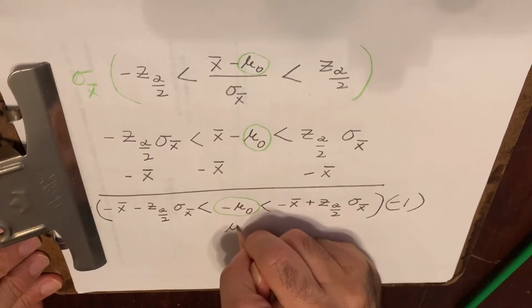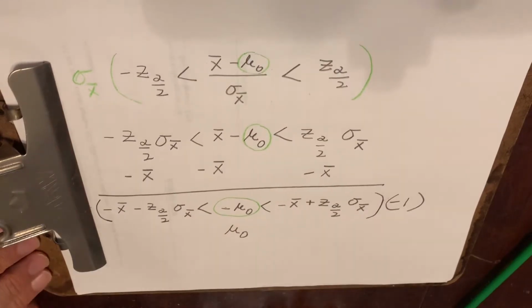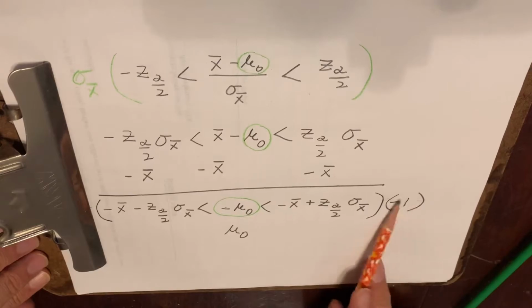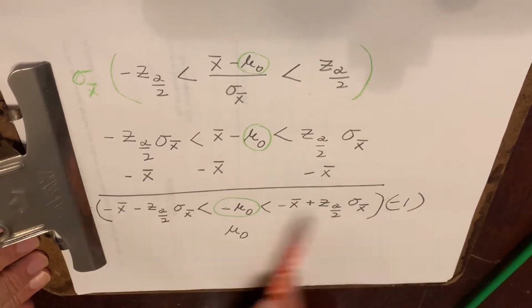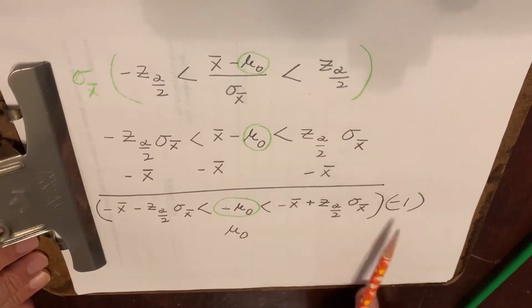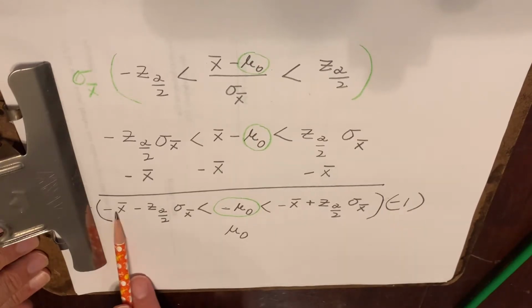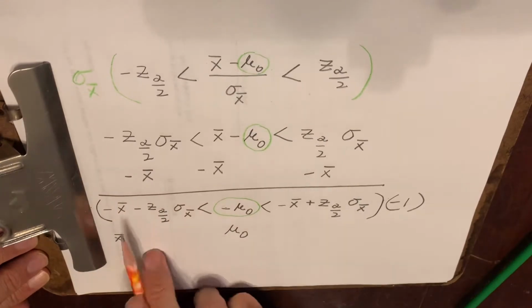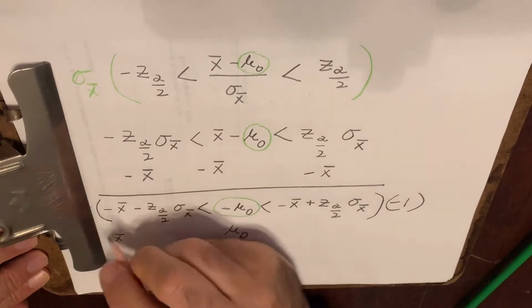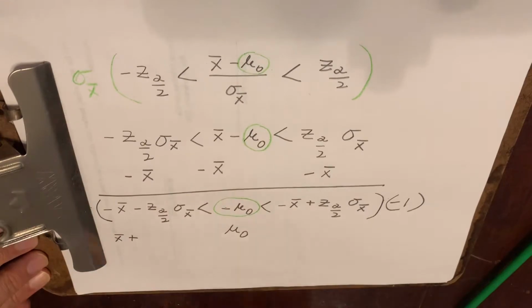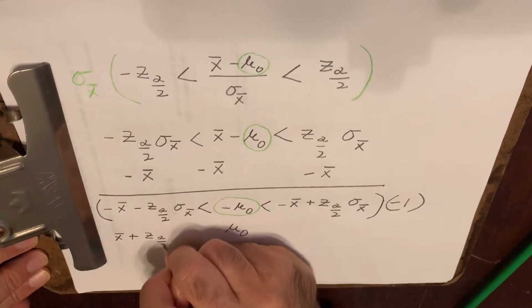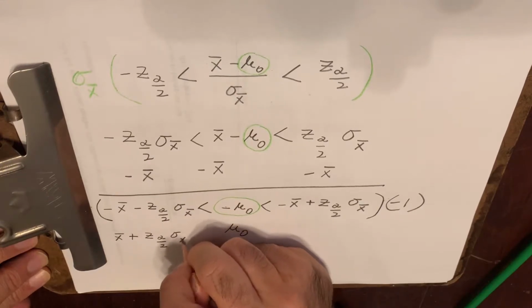Well, if we multiply this inner term by negative 1, we have to multiply all the terms, which would be these outer terms. So negative 1 times negative X bar is a positive X bar, and this minus turns into a plus, and this is Z sub alpha over 2 sigma sub X bar.